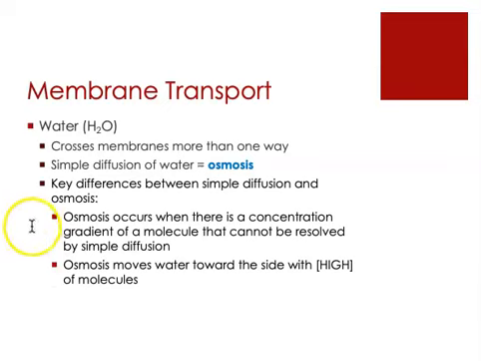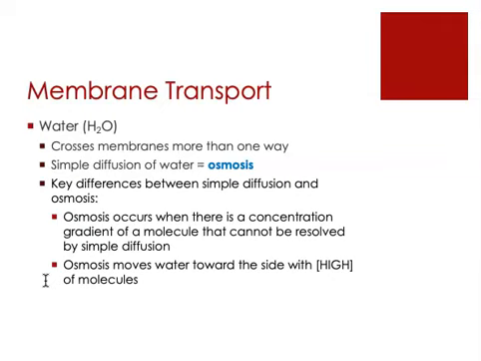So osmosis occurs when there's a concentration gradient for a molecule that can't be resolved by simple diffusion because the molecule can't cross the membrane. Osmosis will move water to get rid of that concentration gradient. And here's where it gets a little confusing. The water does not move from high to low across the membrane the way molecules do.